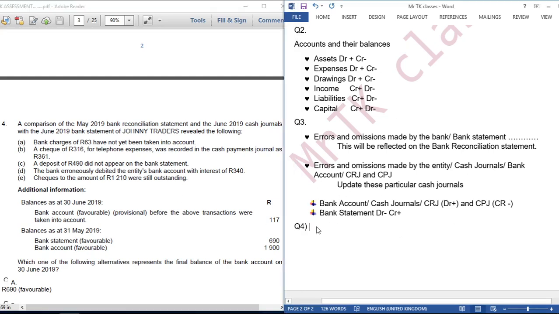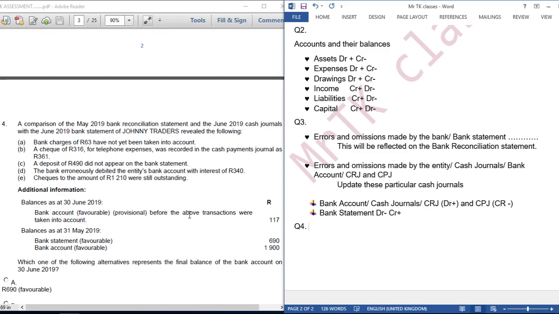Which one of the following alternatives represents the final balance of the bank account on 30 June 2019? All right, balances as at 30 June 2019, bank account.